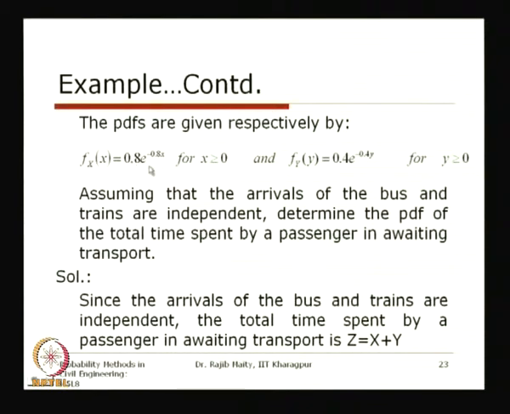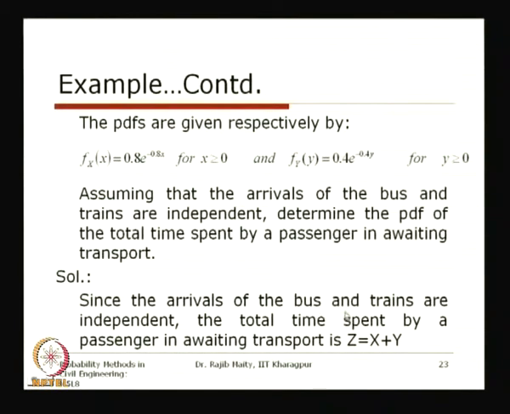You know that for the exponential distribution the mean is 1 by lambda. Similarly for the train, the PDF is 0.4 exponential minus 0.4y. The support for y is also greater than or equal to 0, because the waiting time cannot be negative. Assuming that the arrivals of the bus and the train are independent, determine the PDF of the total time spent by a passenger waiting for transport.